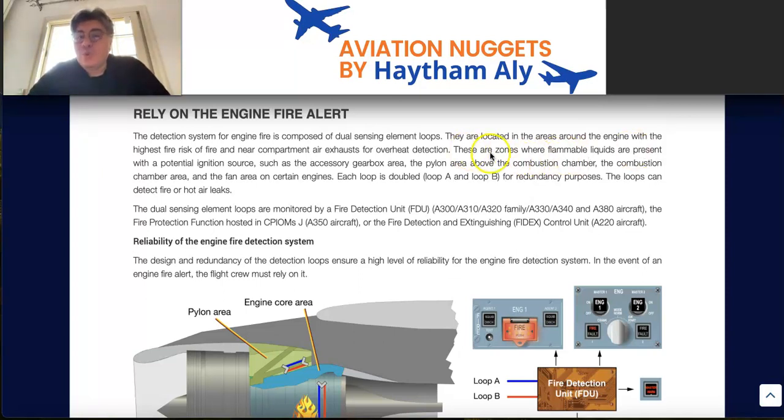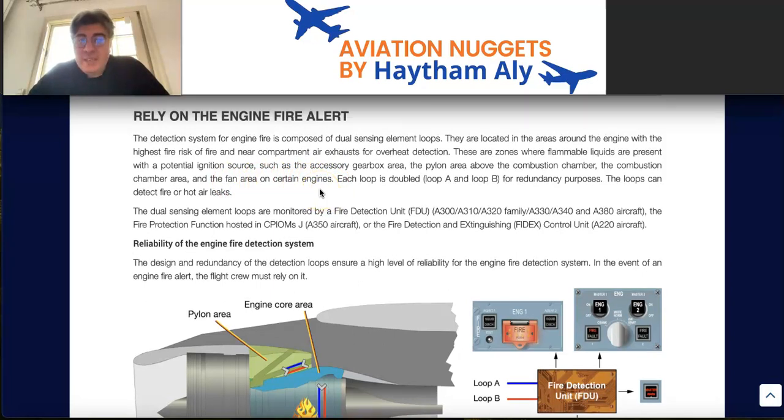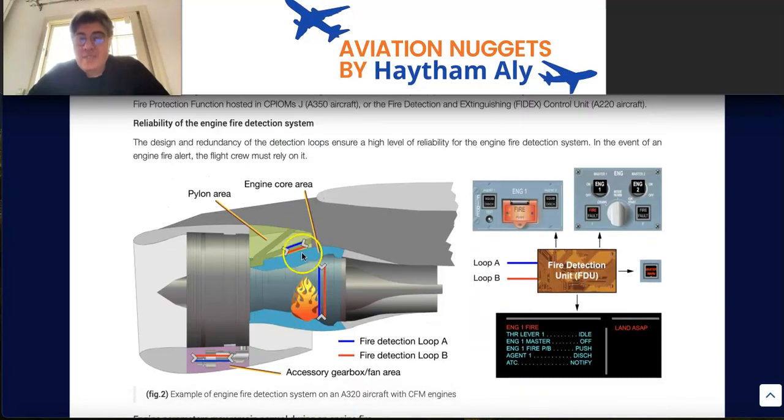So these are zones, sensitive areas, where flammable liquids are present with a potential ignition source, such as high temperature, such as the accessory gearbox area, the pylon area above the combustion chamber area, and the fan area on certain engines. So here, from this schematic, the sensitive areas are the core area, combustion chamber and high pressure compressor, pylon and the accessory gearbox.